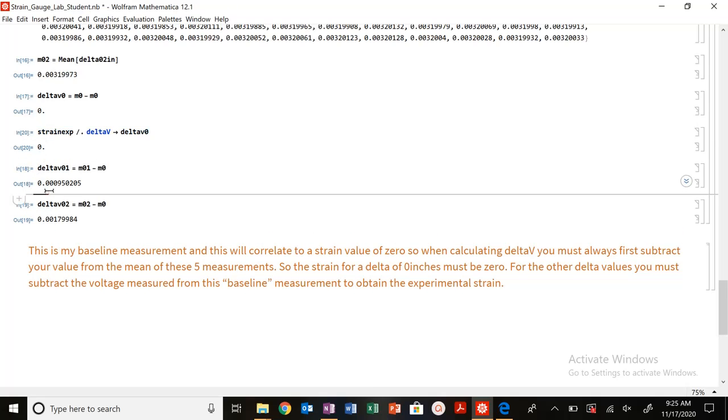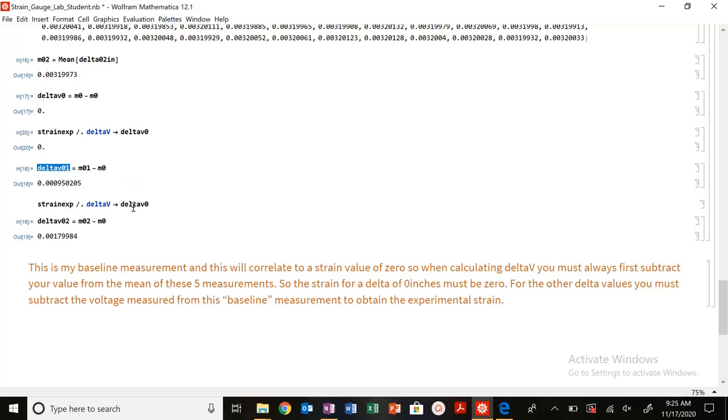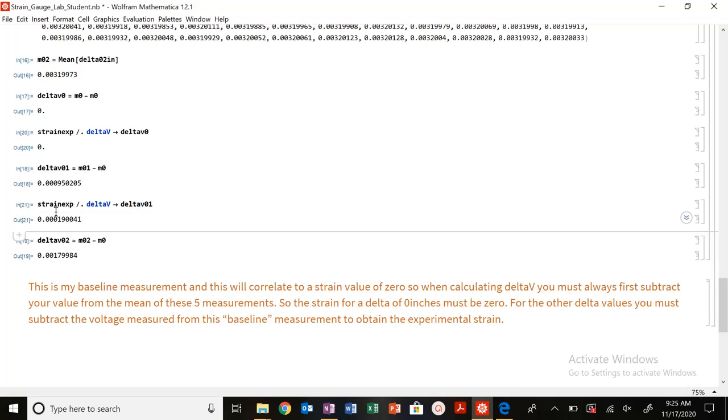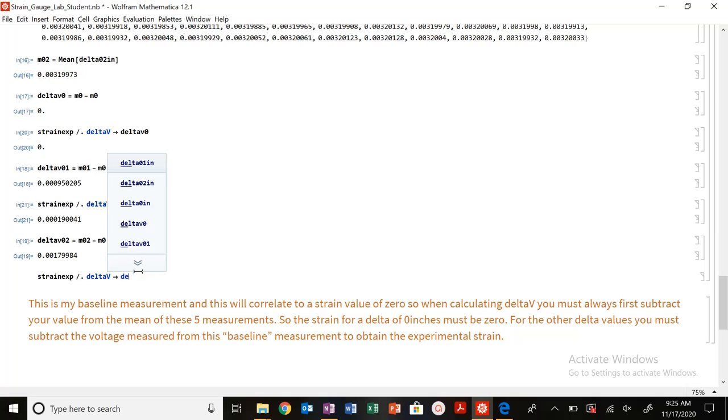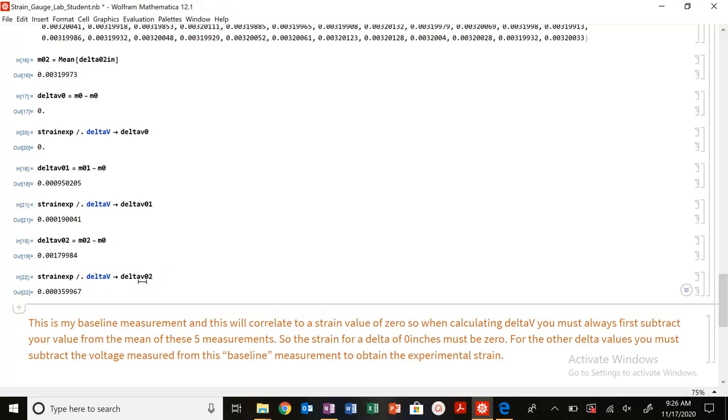It better be. And for here, again, the change in output voltage is this. So that's going to be our strain, and then now we can look at this value right here. So that would be your corresponding nominal value of strain. So I'm going to do delta V naught 2.